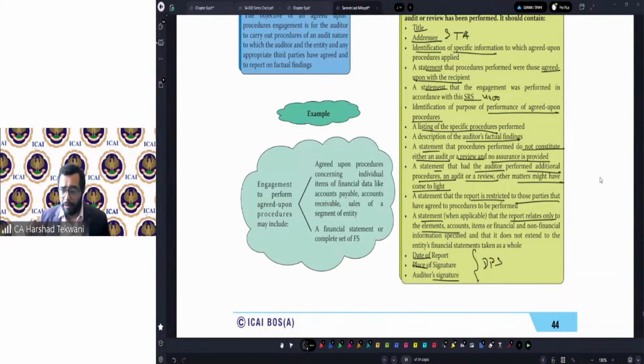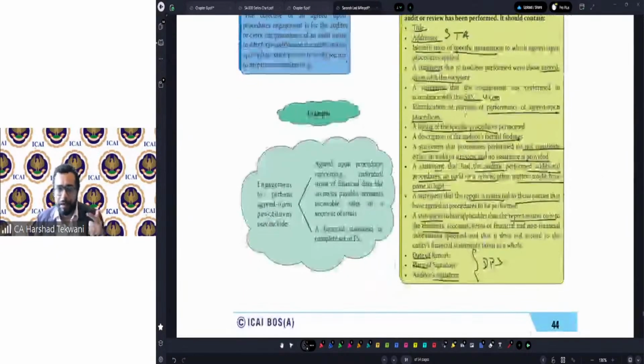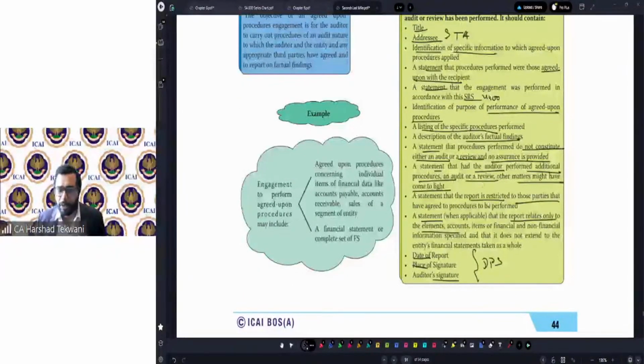If I understood your query correctly, you want to know whether this statement should be in this format only or something else, and where it should be positioned. The position follows the hierarchy given here.